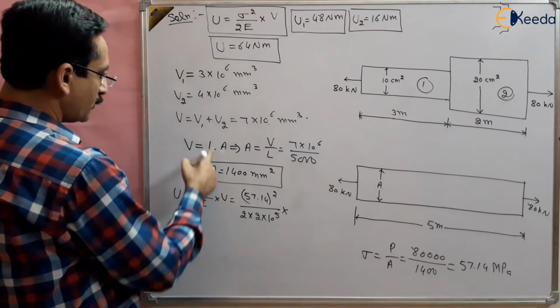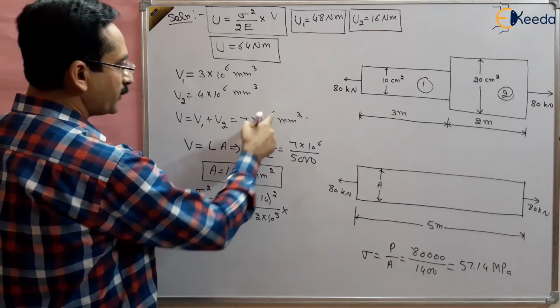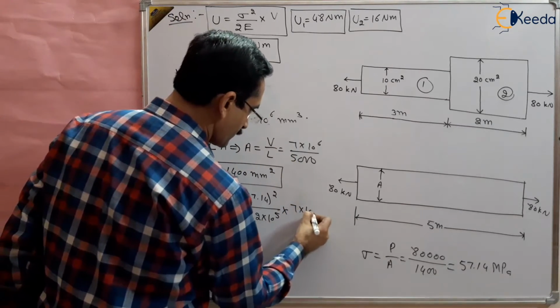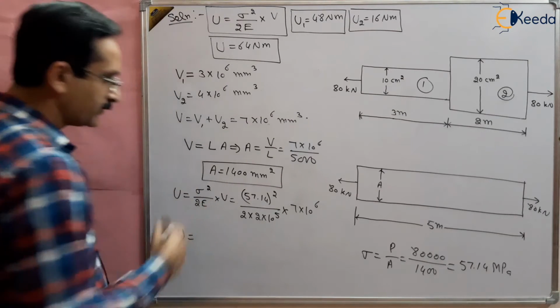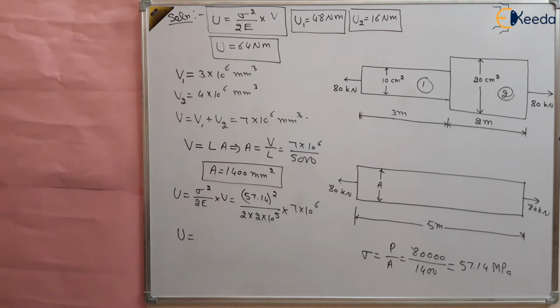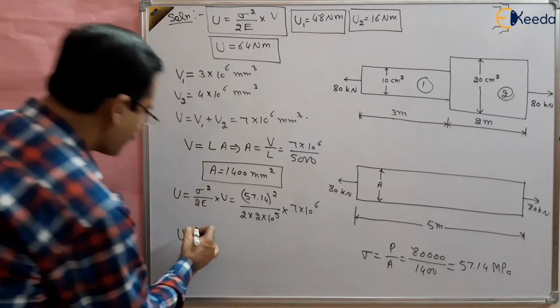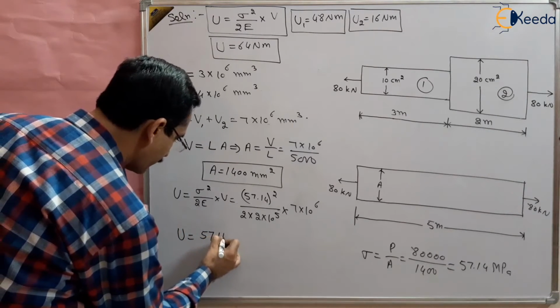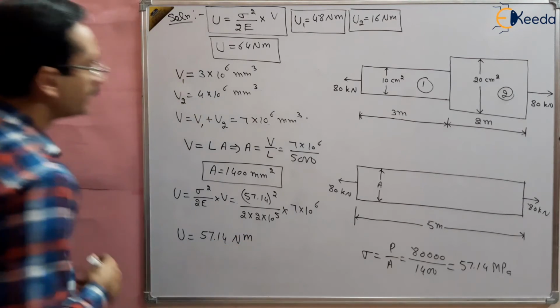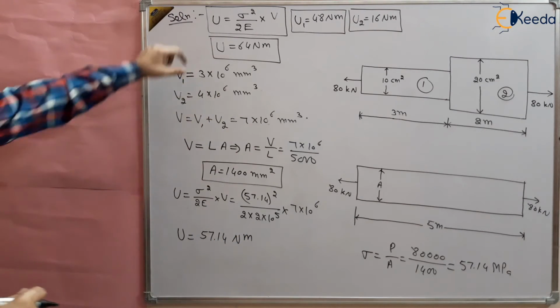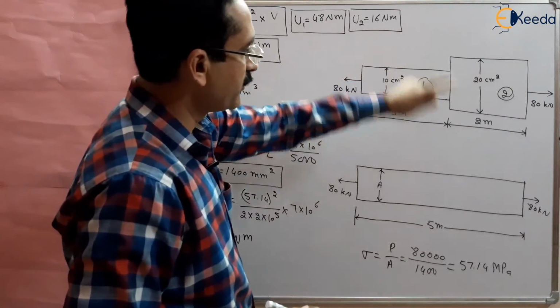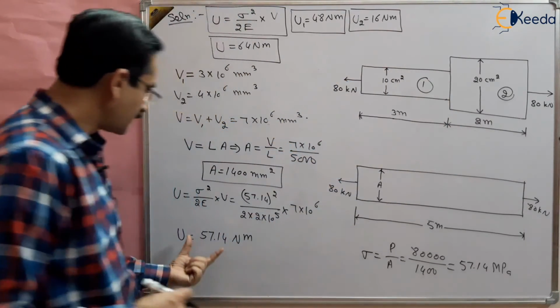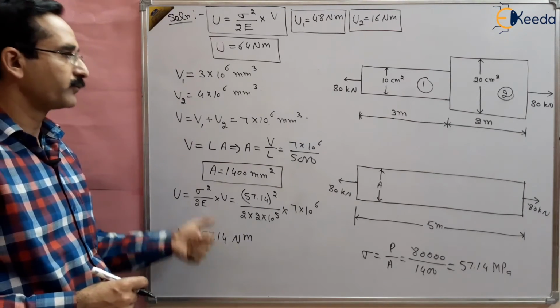Volume is known to us, that is 7 multiplied by 10 power 6. By this we can find out the new strain energy stored in the material. So strain energy stored will be equal to 57.14 Newton meter, right? So previously the strain energy stored was 64 Newton meter in this bar. If this is made of uniform cross-section area, the strain energy stored is 57.14 Newton meter.